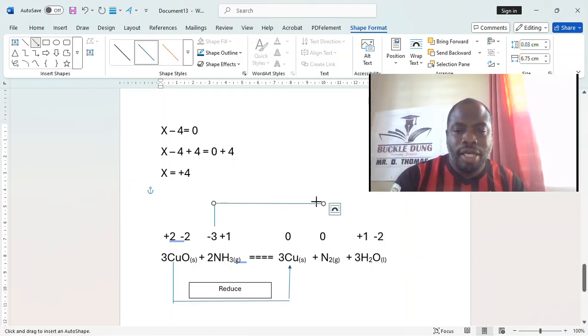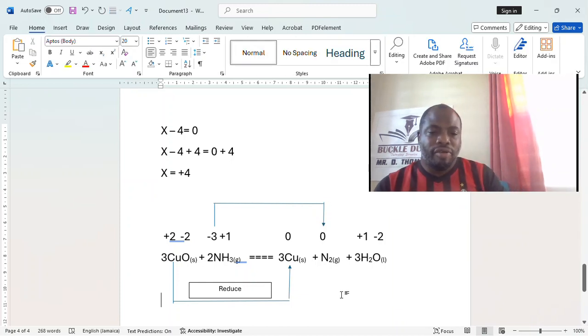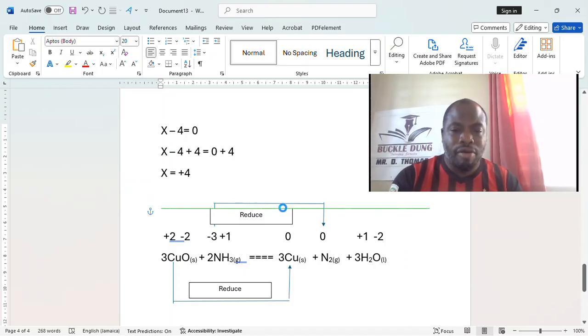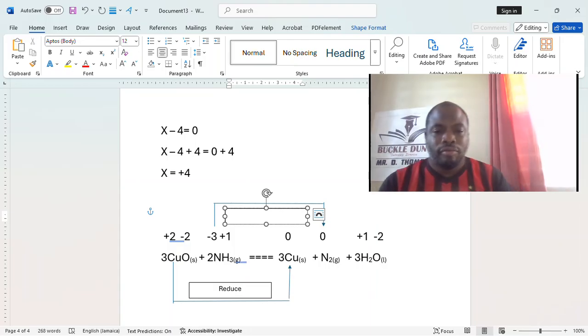And we see where the nitrogen is moving from a -3 to 0. What is happening to the oxidation number? It's increased.